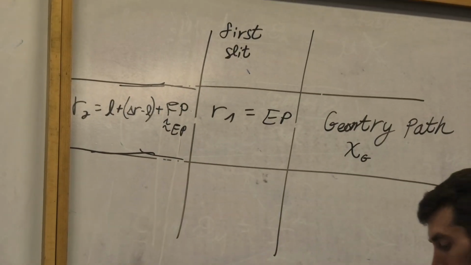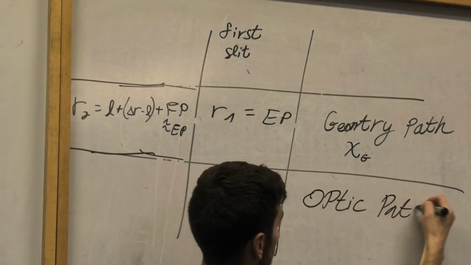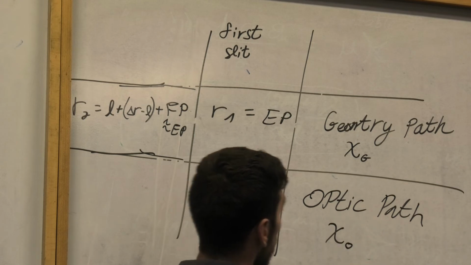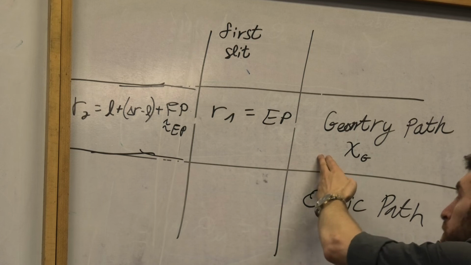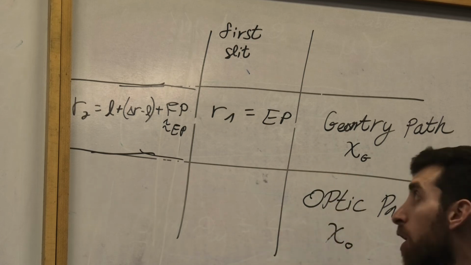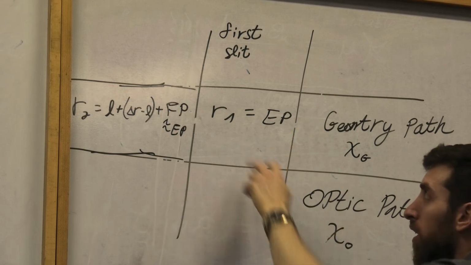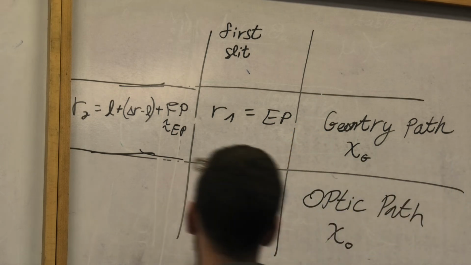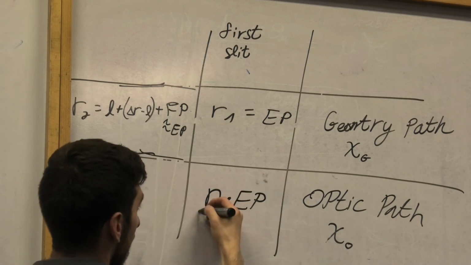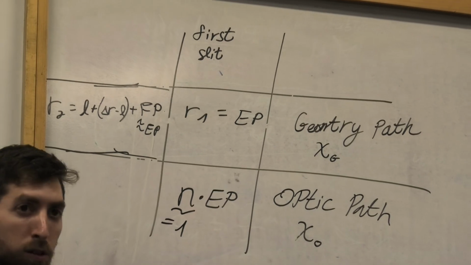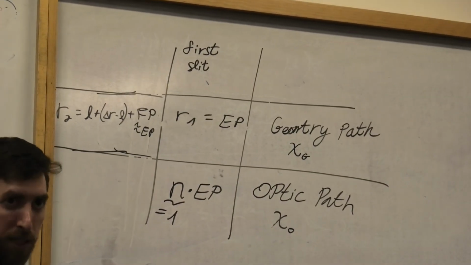And now I want to talk about the optic path. What is the optic path? We don't see the optic path, but the light sees not the geometric path, but the optic path. When the light goes through the upper slit, R1, we need to multiply it by N. N multiplied by EP, and in our case this is equal to 1, because it's air or vacuum, it's the same thing.